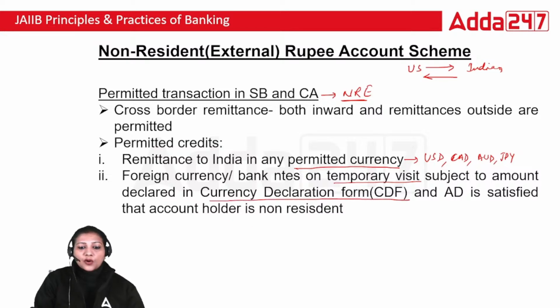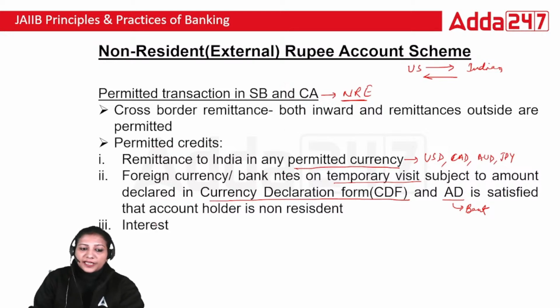In the last unit, we have seen that the NRI has to get this currency declaration from the customs authorities, and it needs to be presented to the banker, and the AD should be satisfied that the account holder is non-resident. Here, whenever I say AD, you have to think of it as the bank. AD is authorized dealer.